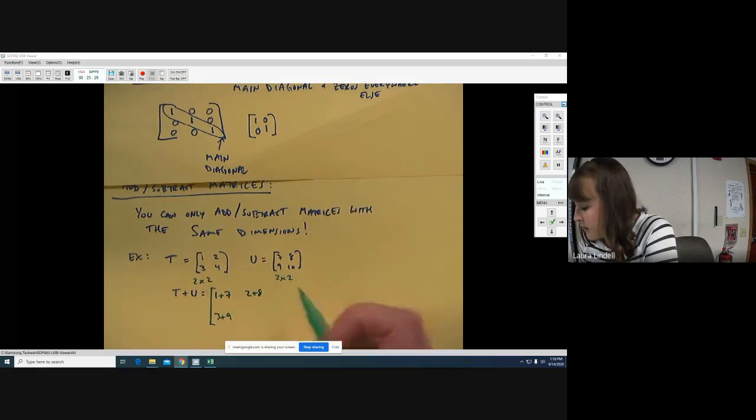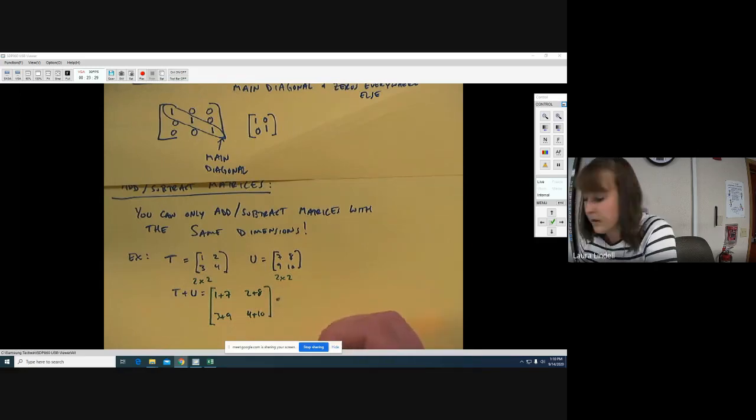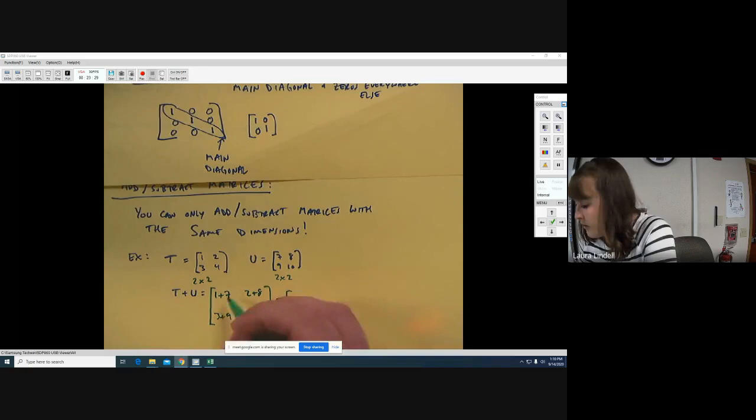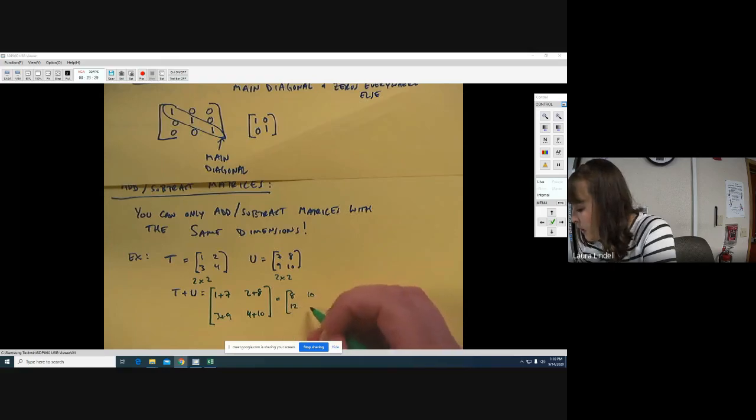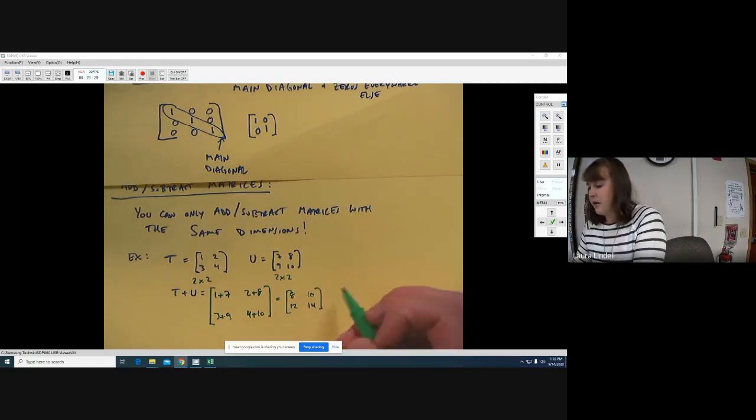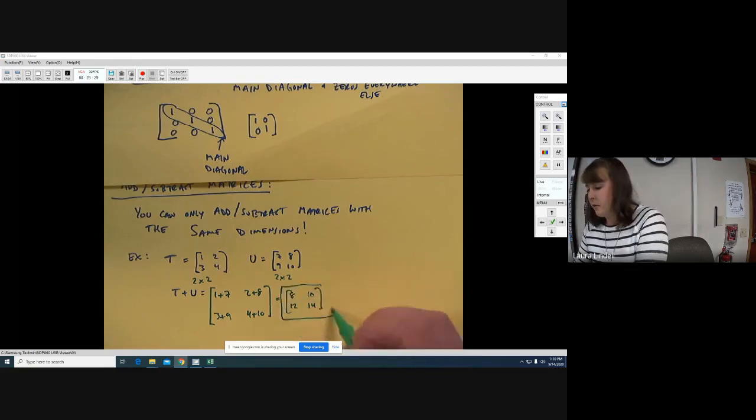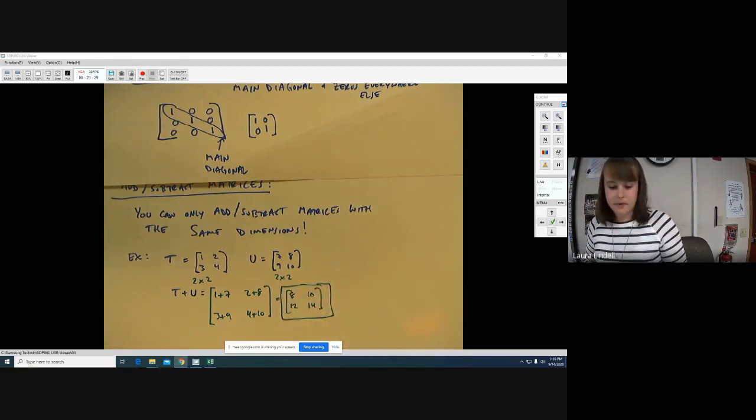And then 4 and 10 go together, so 4 plus 10. And then we would just rewrite it as 1 and 7 is 8, 2 and 8 is 10, 3 and 9 is 12, and 4 and 10 is 14. So this would be our answer for what is T plus U.